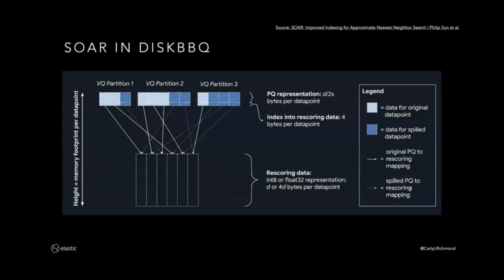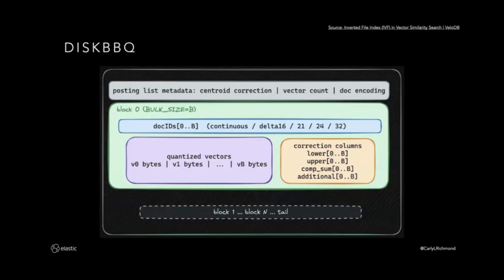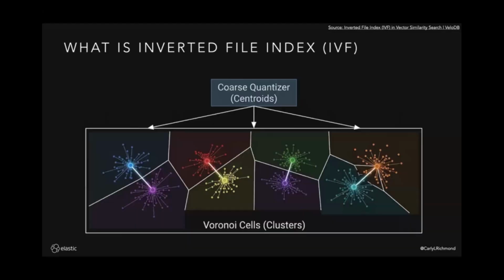Now, one of the other things that happens within it is we're utilizing a pattern known as SOAR. This is an algorithmic enhancement that Google announced, I think earlier this year, with regards to their ScaNN implementation. The way that this works is that you're storing additional centroids. We talked about that cluster visualization: if you have a particular vector that's effectively on the boundary between two of these clusters, you run the risk that you're not going to find it within the IVF implementation.